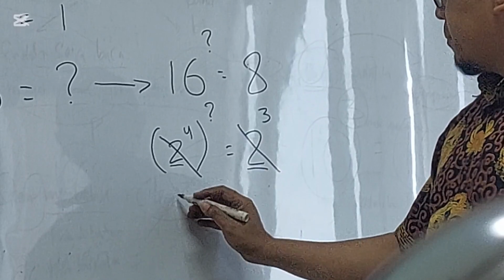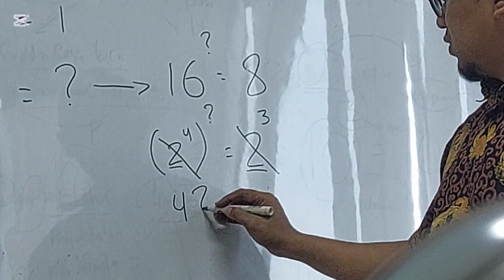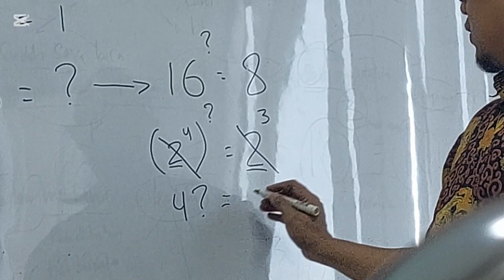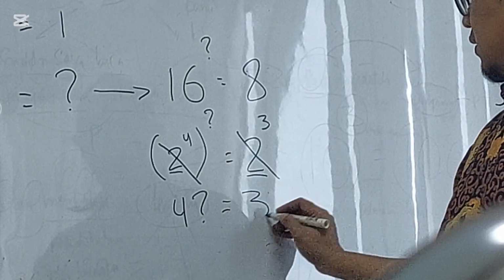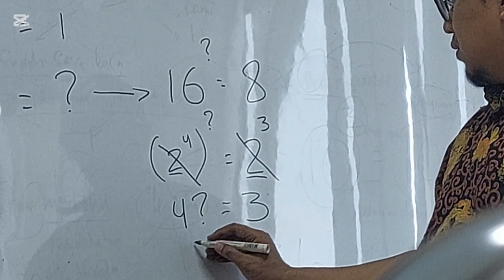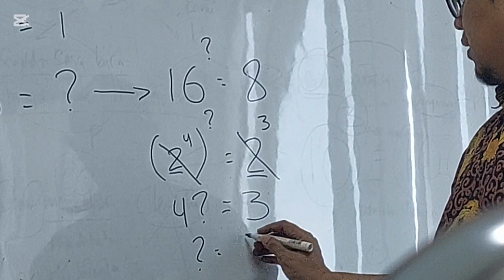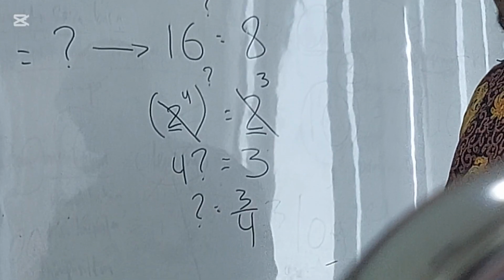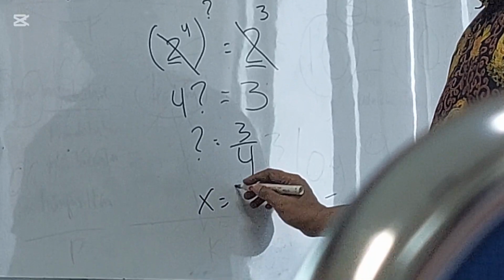So it will become 4 multiplied by x, equal to 3. So the answer will be 3 divided by 4, or x equal to 3 divided by 4.